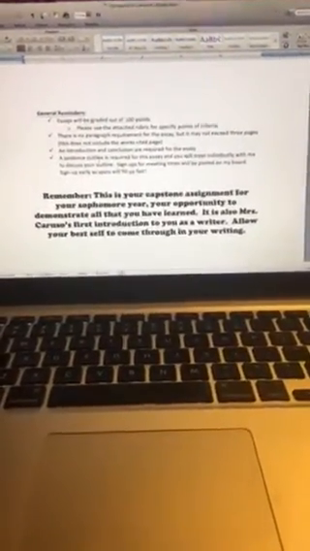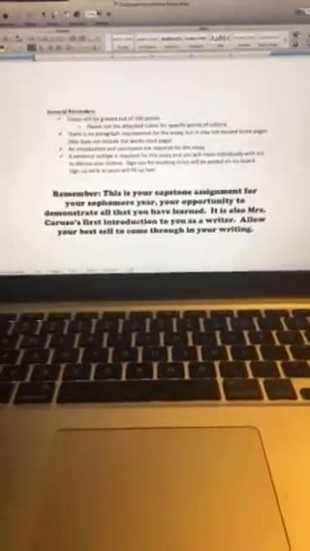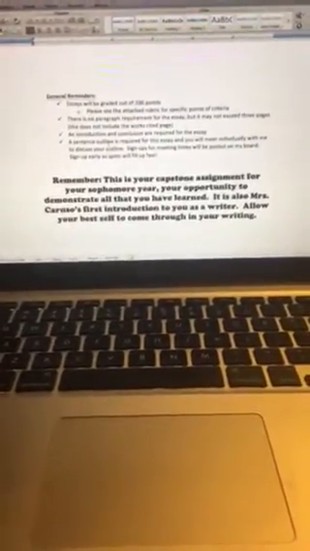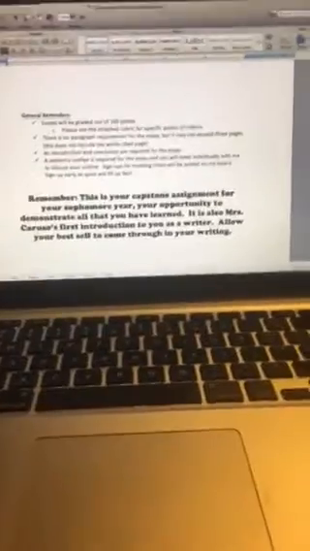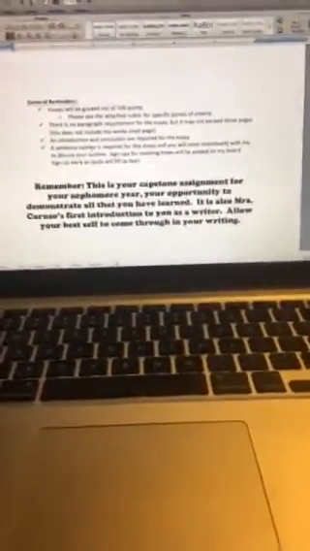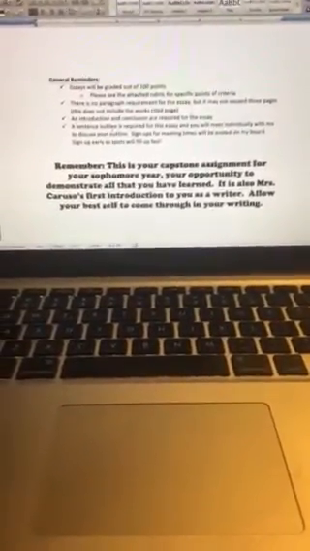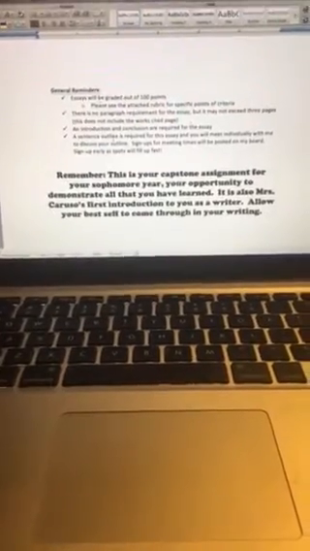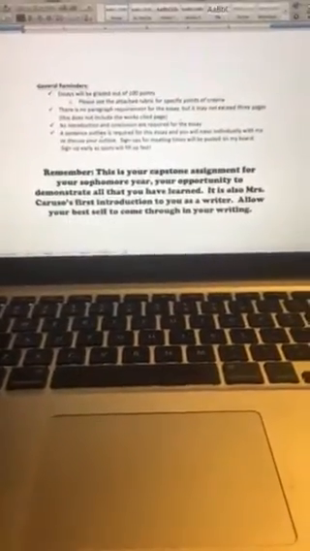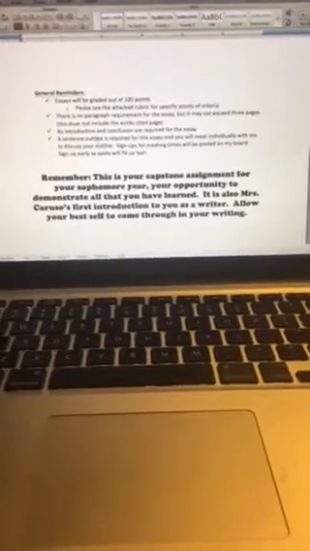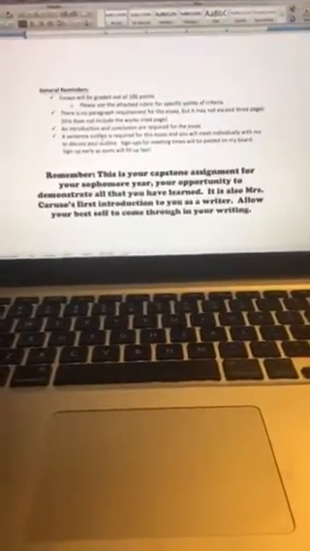Now, a sentence outline is required, and you're going to meet with me individually to discuss your outline. Over on the board, you see some sign-up sheets. People have already begun to sign up. You need to sign up for a meeting time with me to discuss your outline. What that means, though, is that when you walk into this meeting, you have to have an outline ready.